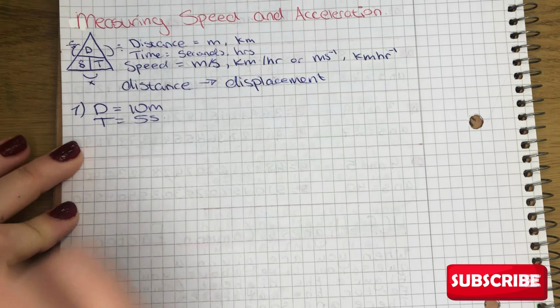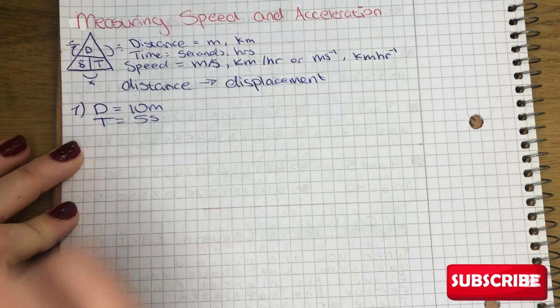To get speed, you're doing distance divided by time. You must always write your formula. So our distance is 10 all over 5, which is 2. Now, with this, we are given meters and seconds, okay? So we can either choose to do meters/seconds or m s^-1. I'll just do meters/seconds, okay?